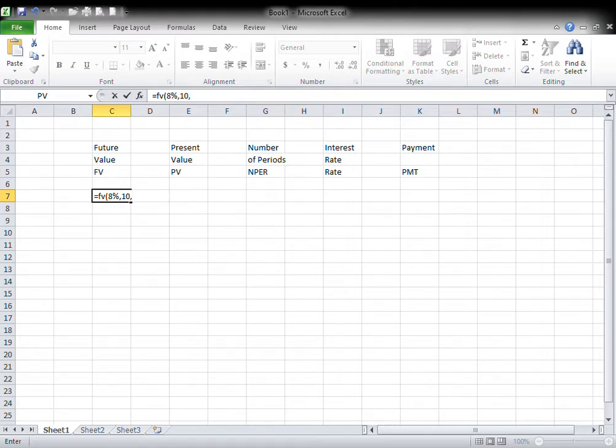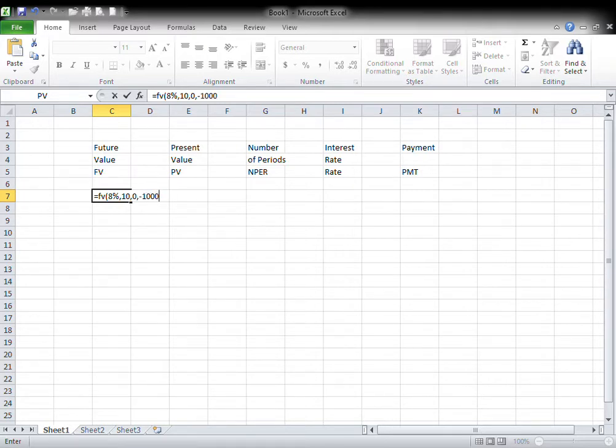The next one is payment. There are no payments involved. We're going to make an initial deposit, and we're going to leave it in there for the full 10 years. And then the present value, which we're going to say is minus $1,000.